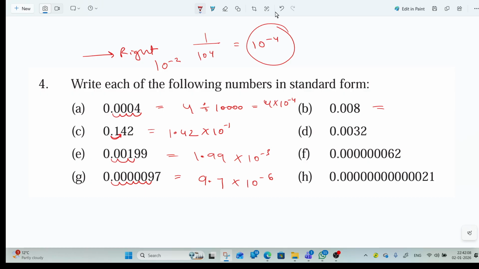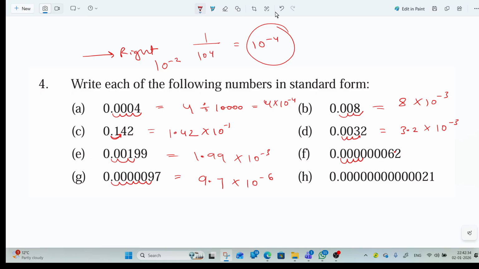In this one, you will move 1, 2, 3. So you get 8 times 10 to the power negative 3. Here 1, 2, 3, 3 steps towards the right. So you write 3.2, the non-zero numbers, and then you move 3 steps. So you get 10 to the power negative 3. In this one, 1, 2, 3, 4, 5, 6, 7, 8.